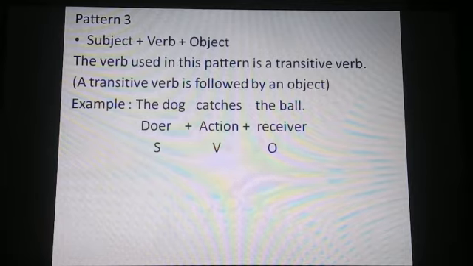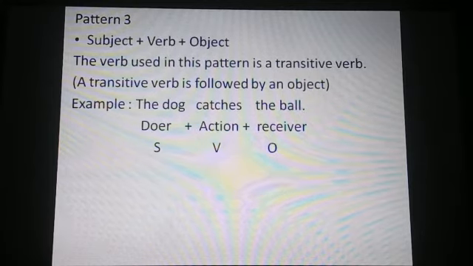The second way of doing it is you can change this sentence into passive voice. A transitive verb or a transitive sentence can always be changed into passive voice. If it has an object, you can change the sentence into passive voice.